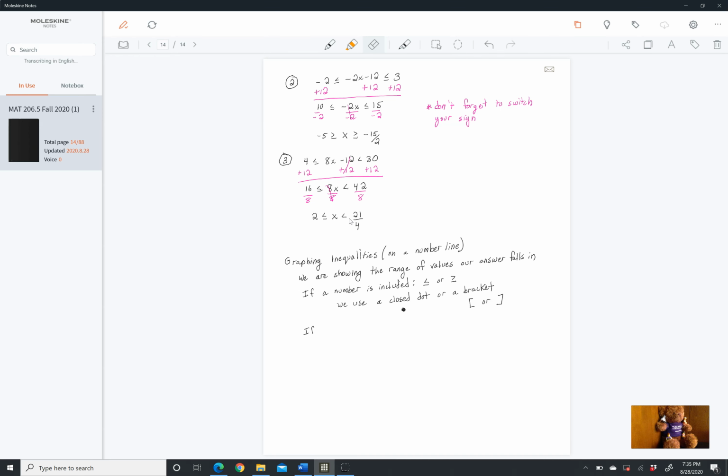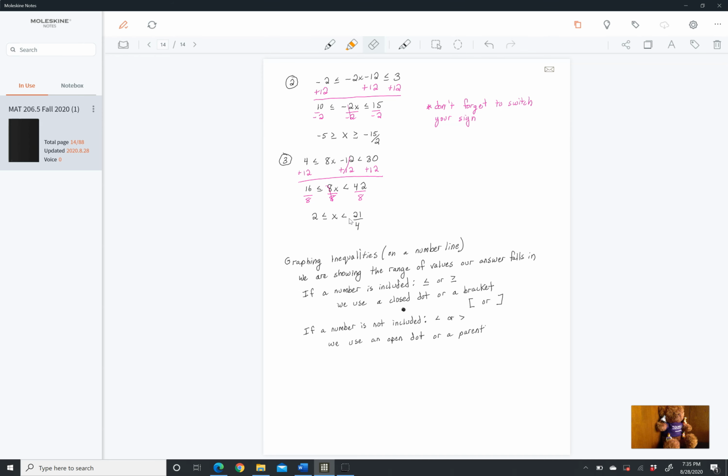If a number is not included, meaning a less than sign or a greater than sign, so no equals, then we use an open dot or a parentheses. So be consistent.